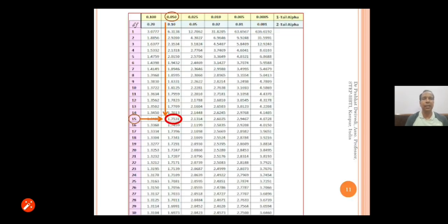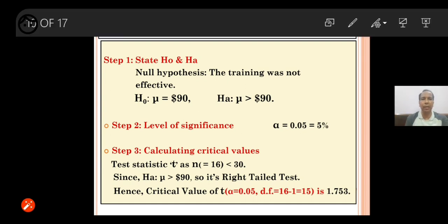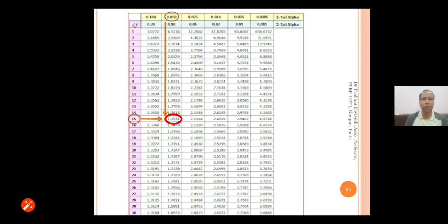Here we can see at the top, that is the level of significance, which is 5%. In the column degrees of freedom, that is 15. So we see the intersection of both the values. The intersection of both the values shows 1.753. So that is the critical value of t.